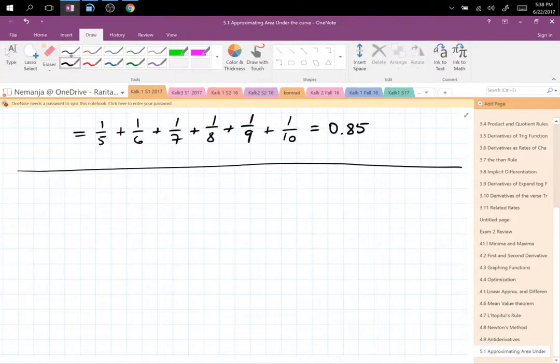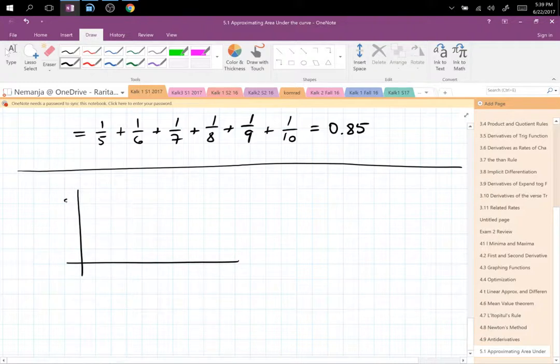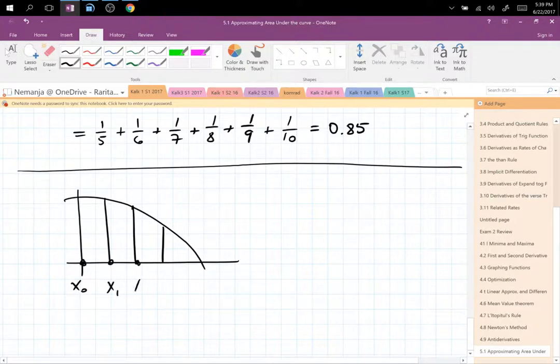So I'm going to draw again a larger picture here. x0, x1, x2, x3, x4. We have A and B on those endpoint ones.